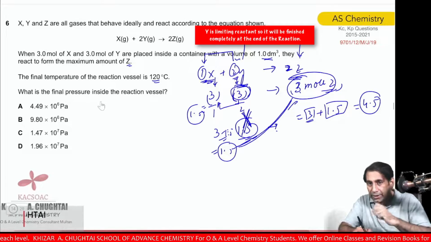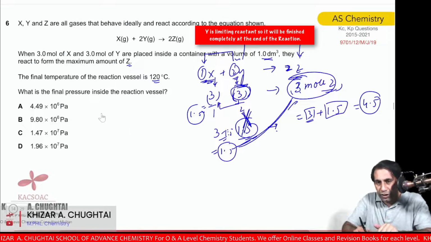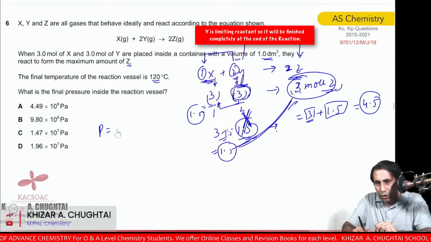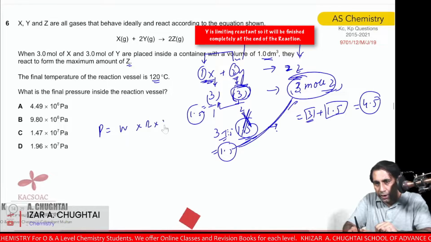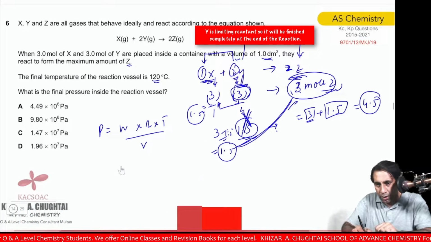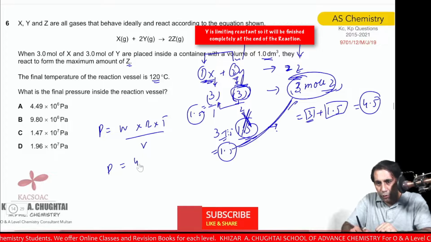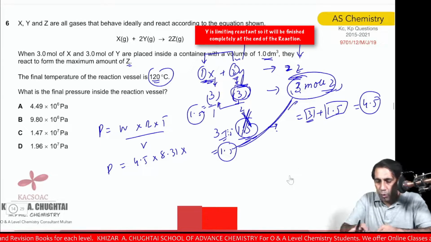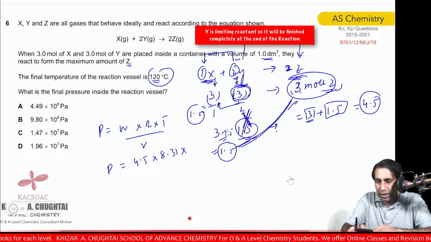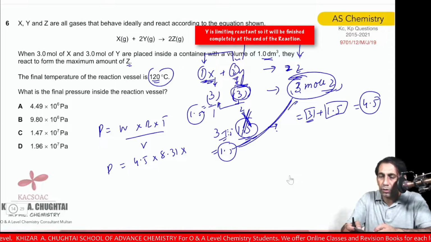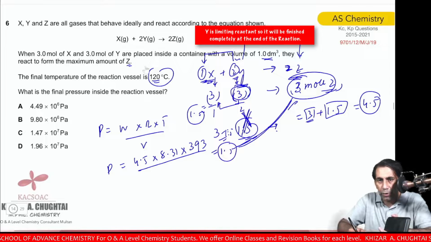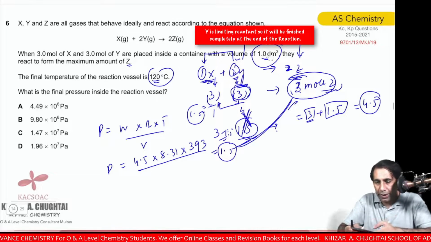Now we can find the final pressure. We are going to suppose these gases are behaving ideally, and P is equal to N into R into T divided by V. P is equal to number of mole, 4.5, R 8.31, temperature must be in Kelvin, so 120 plus 273 is equal to 393, divided by the volume, and volume should be in meter cube.